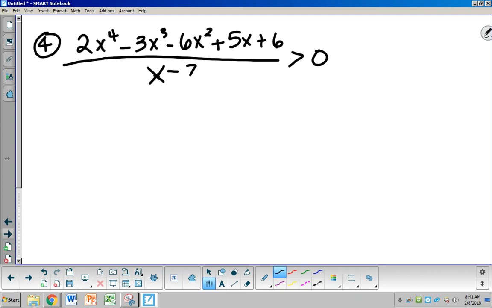Synthetic division, yeah, because we've got to find the zeros on the top. It's a way to get some review in, right? To do these over Q's.